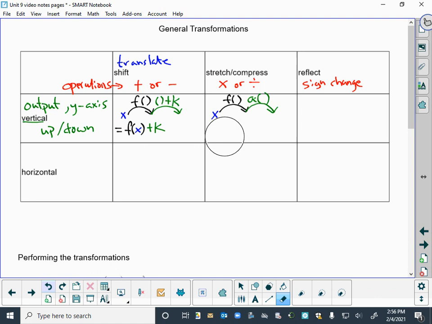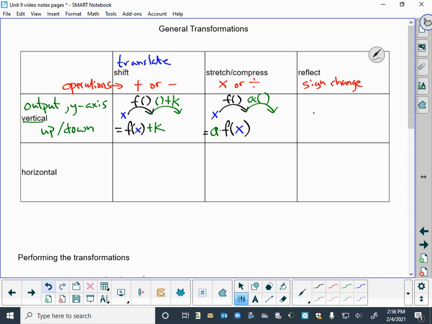In fact, let me just try this again. I'm going to shift it over here a little bit. The x goes into the f, and then we multiply in the front by a. So symbolically, this is what it's going to look like when we vertically stretch a function by a.